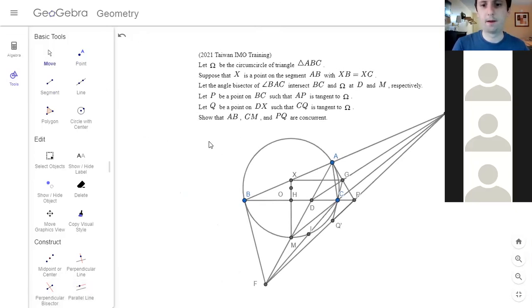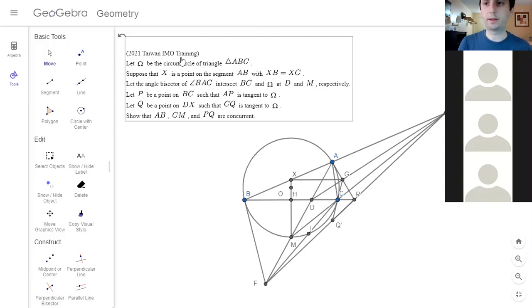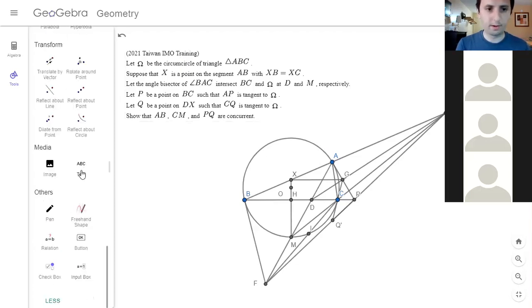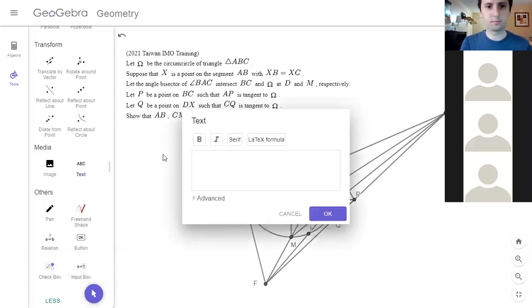Let me write out what we've proven so far, just because we have 10 minutes left. So first we use Pascal to show that P, F, and E are collinear, right? So by Pascal's on ABB MCC, P, F, and E are collinear.